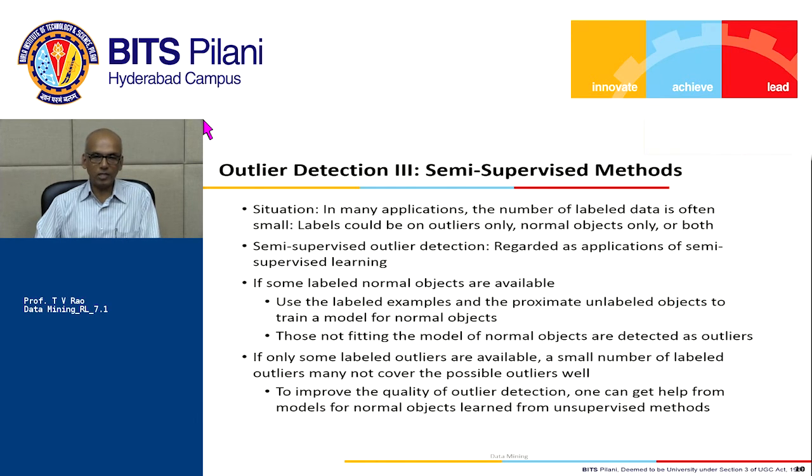So essentially you first need a labeled example, equivalent to training data. If there are labeled outliers, the challenge is that if the outliers themselves are of distinct types, they may not be able to cover all the outliers. In that case, we may still have to take the help of unsupervised methods.